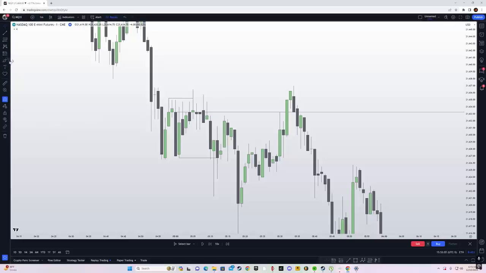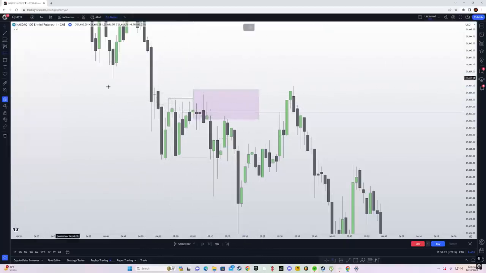Please remember that. Now, what we have is a fair value gap right here, and also volume imbalance, right? And we can also consider this as our order block, because that's the candle that swept the liquidity. So that is our order block.